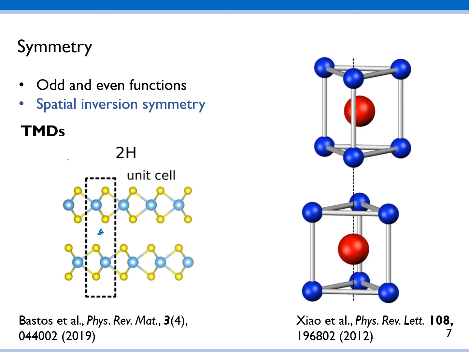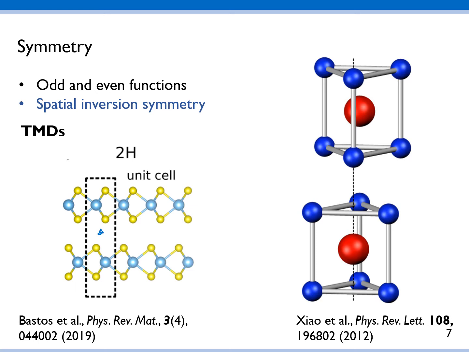We have an atom here. If we go through that point, we find an atom on the other side. Or if we take this vector here and invert it, we also find an atom on the other side. The same is true for this atom and so on. So we do have spatial inversion symmetry in this 2H bulk unit cell.